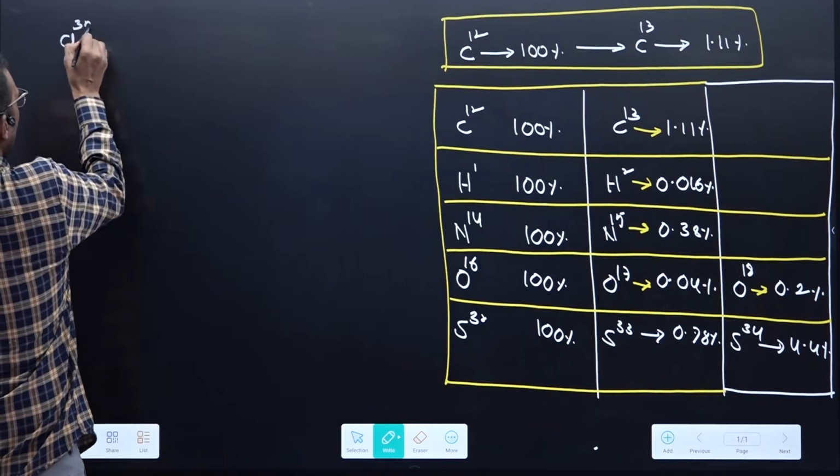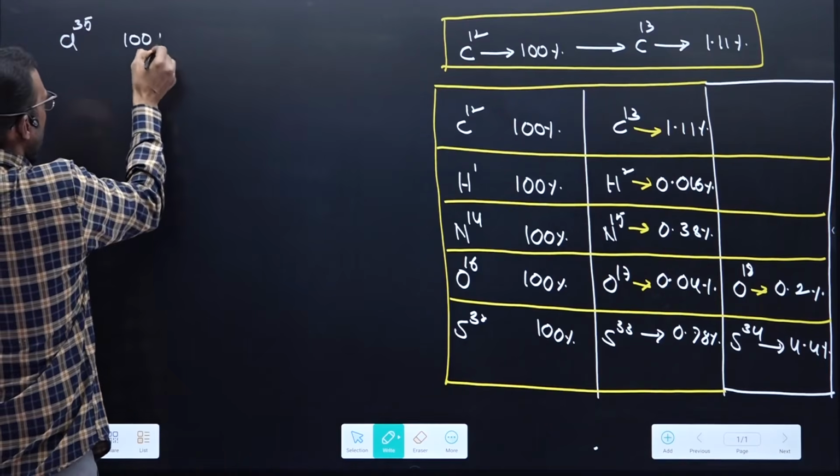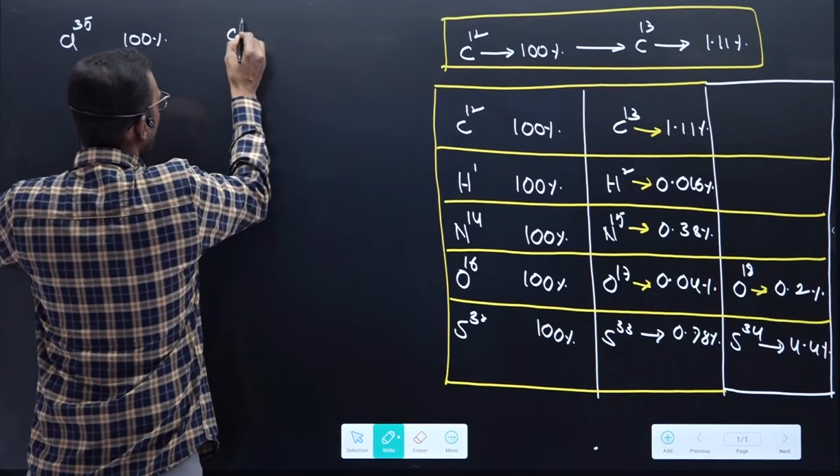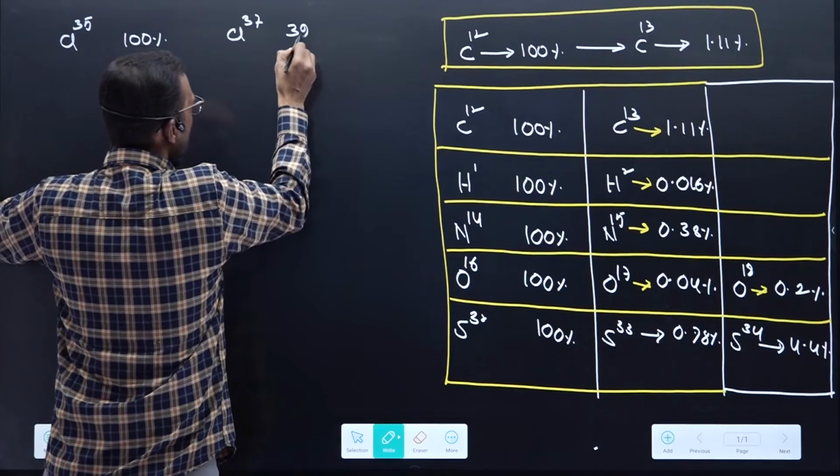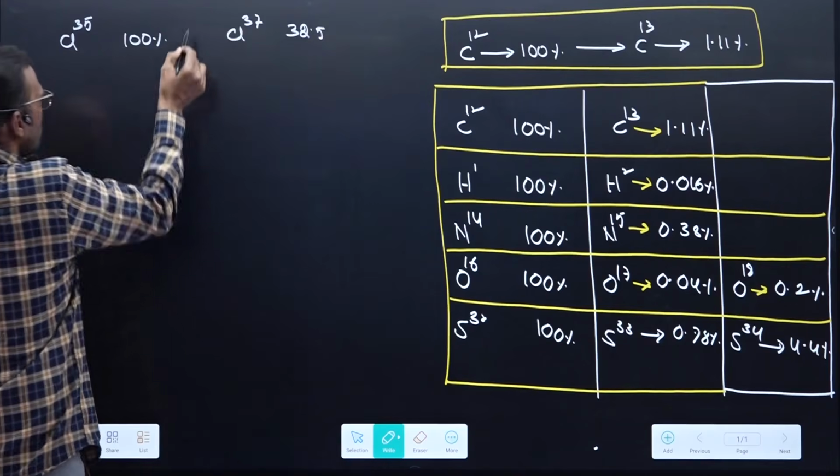So chlorine 35, lighter isotope, 100% is taken, and chlorine 37 has abundance 32.5. This you need to remember.